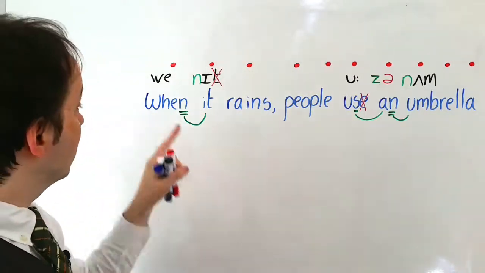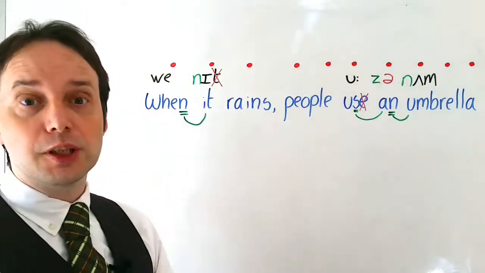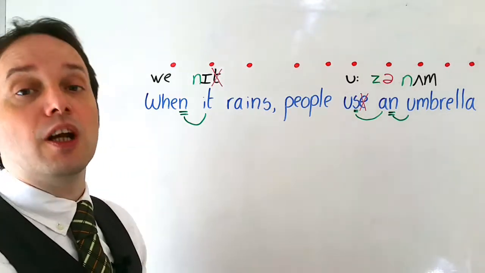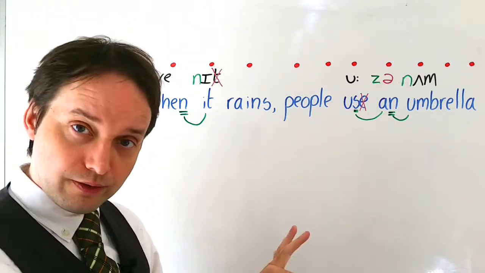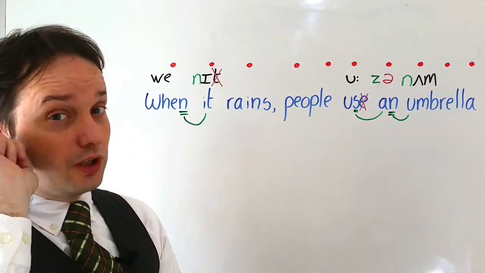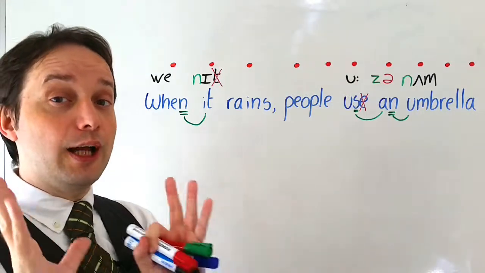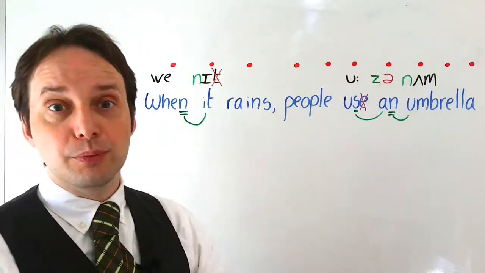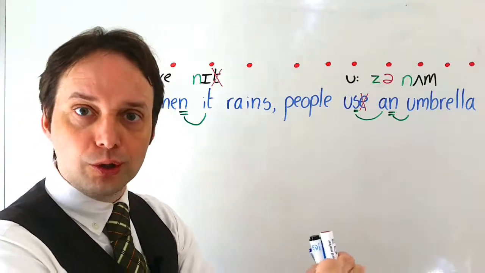This is when in English, some of these syllables are strong, or we say stressed, and some of them are soft. Okay, so I'm going to say this sentence. I want you to listen very carefully and try to notice which syllables are strong.